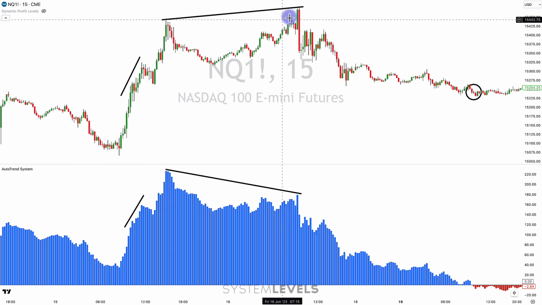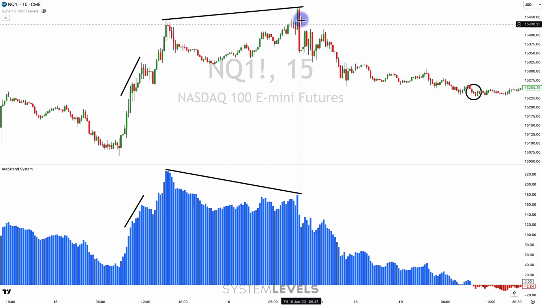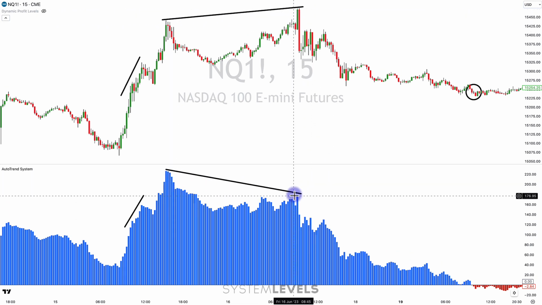It's slowing down. We're making higher highs on price, but lower highs on the AutoTrend system. The strength of this trend is diminishing.